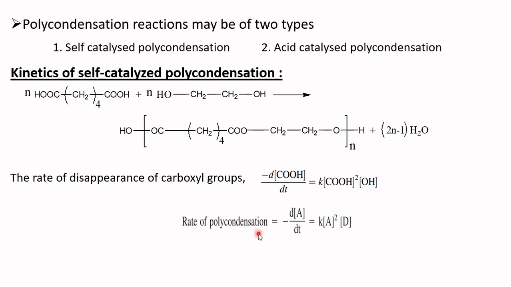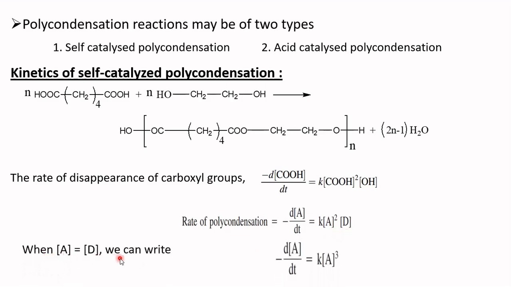Rate of polycondensation is equal to minus dA/dt, which is equal to k into the concentration of A to the power 2 and the concentration of D to the power 1, where A represents the concentration of acid and D represents the concentration of diol.